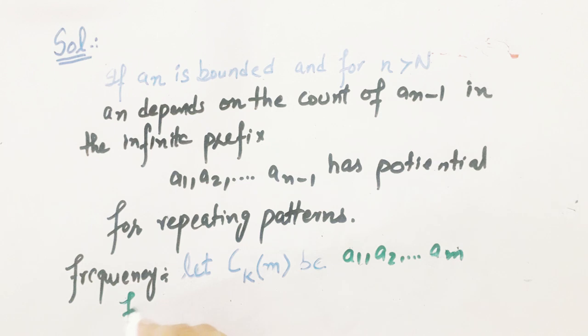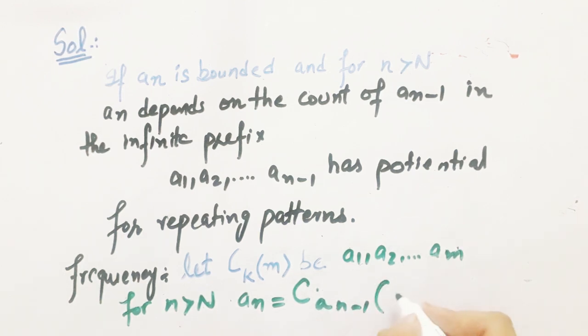For small n greater than capital N, an will be equal to C(an minus 1, n minus 1).